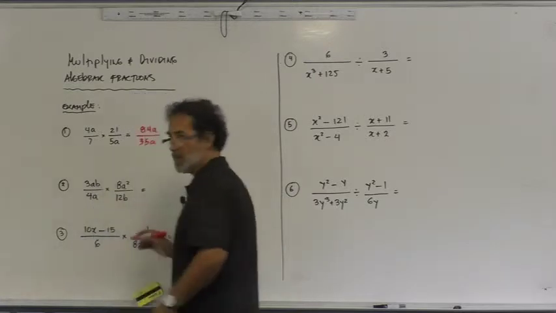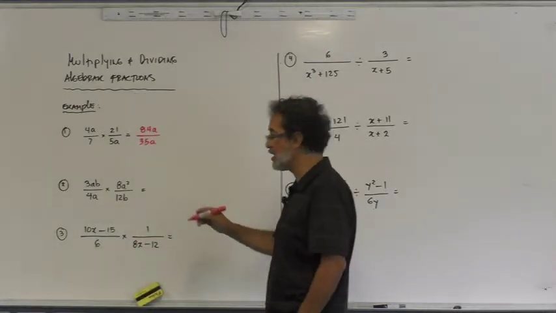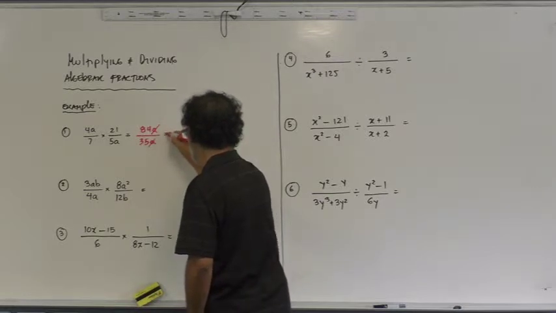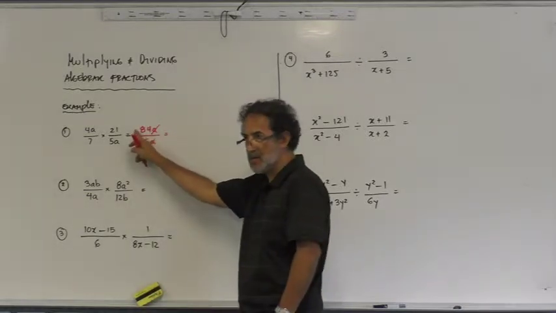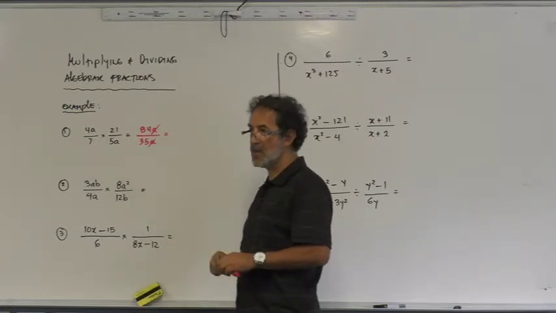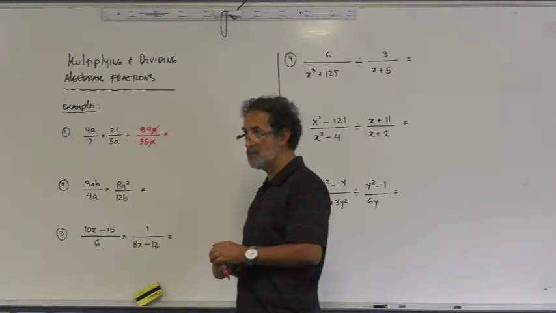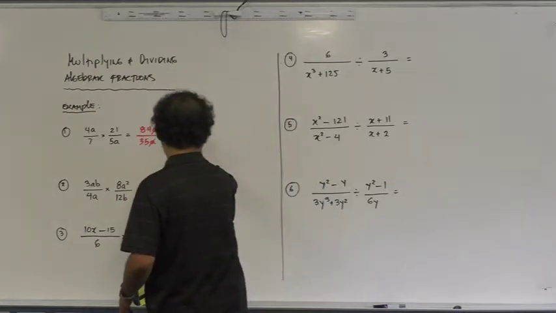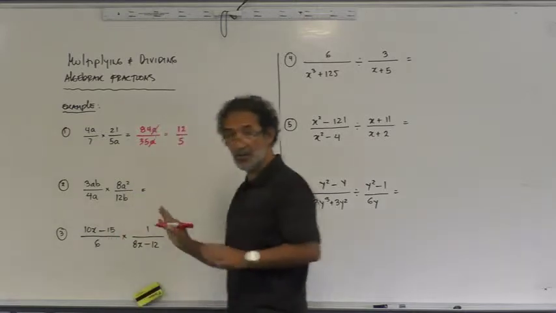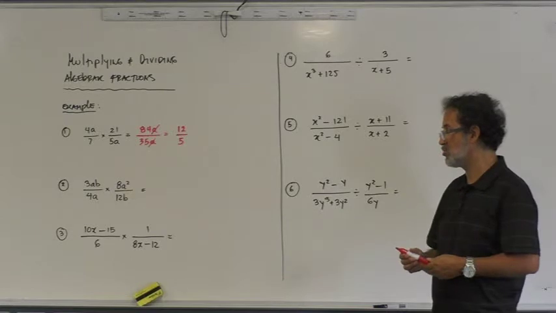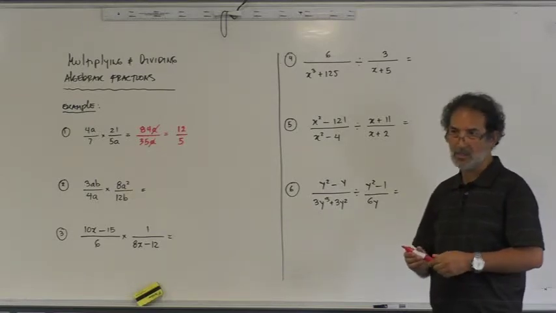You can see that we can simplify the a, so we cancel these two out. Then you simplify in your calculator, you do 84 over 35 using the ABC key. 12 over 5. That's all we have to do. That's something we probably did in year 8.